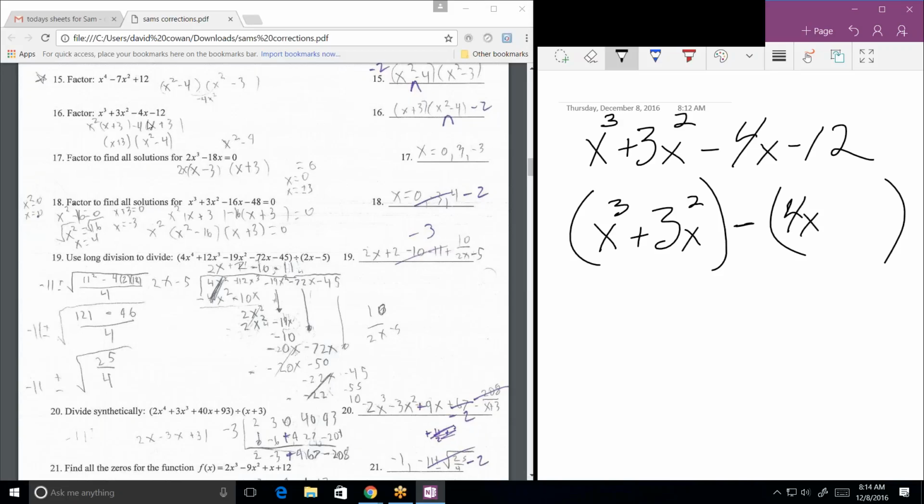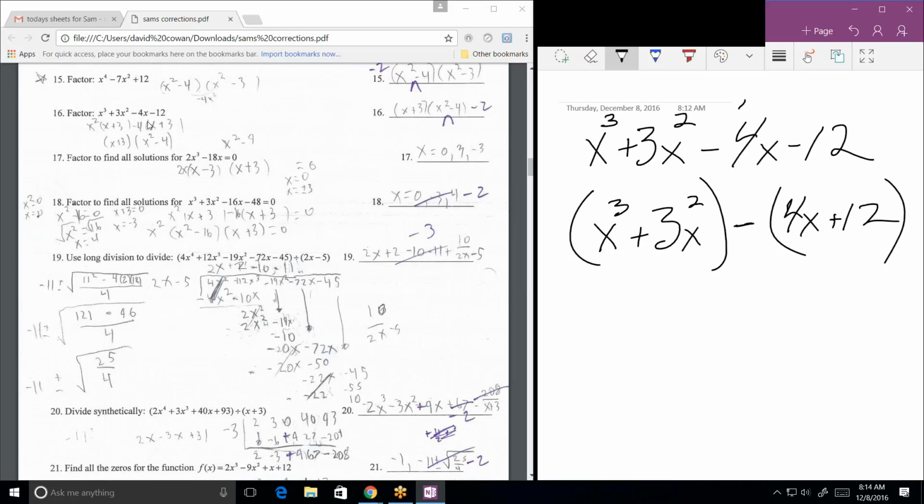Is it a -12 or a +12? Minus. If I put a -12 and then I remove the parentheses, it turns that into a +12. So it's got to be +12.